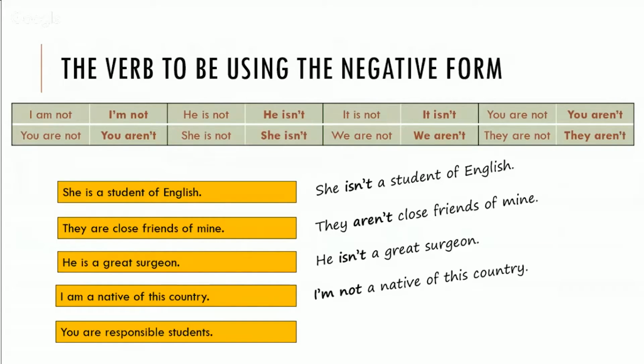Good. I'm not a native of this country. That's number 4. I'm not a native of this country, and I'll take the last one. Give me the last one.